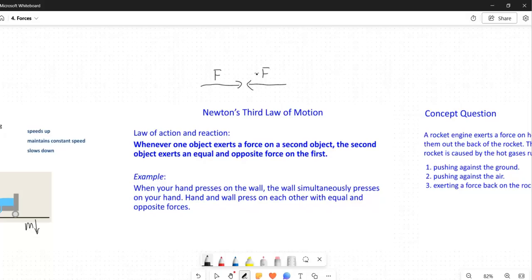So when you put your hand on your table, the table is pushing up against your hand, holding it up with the same amount of force as your hand is pushing on the table.